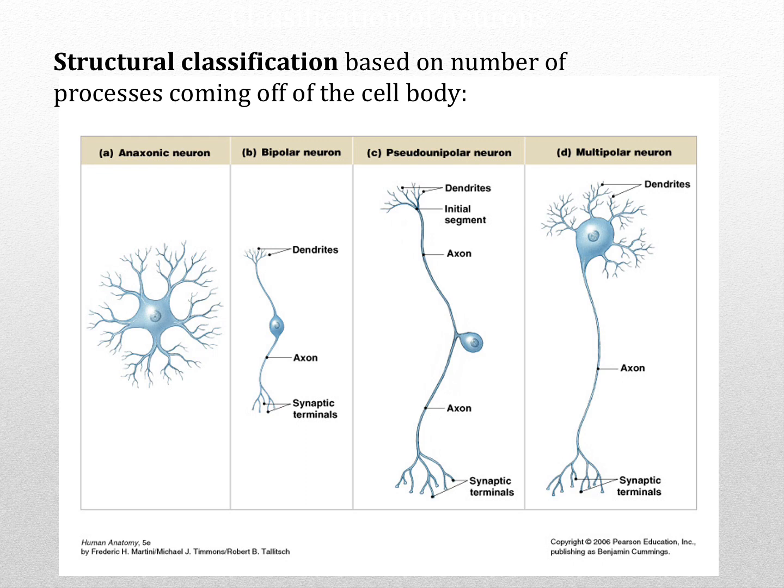The next one is called the pseudo-unipolar neuron. I think this is my favorite one. They call it pseudo-unipolar or unipolar neuron. Now, it's called pseudo-unipolar sometimes because of how it looks. If you look to the right here, it looks like this soma or cell body doesn't have a process sticking out of it, or it's just so short that they call it pseudo.